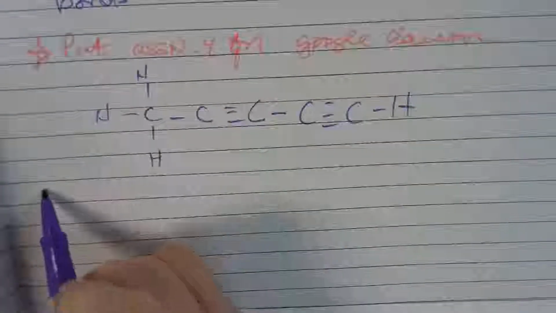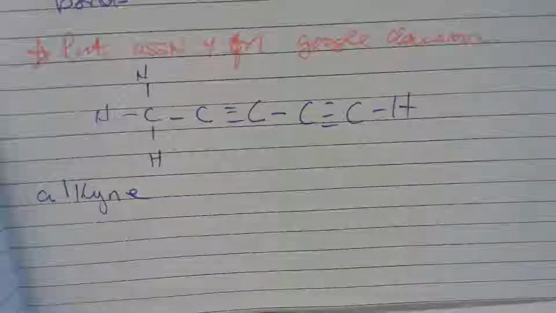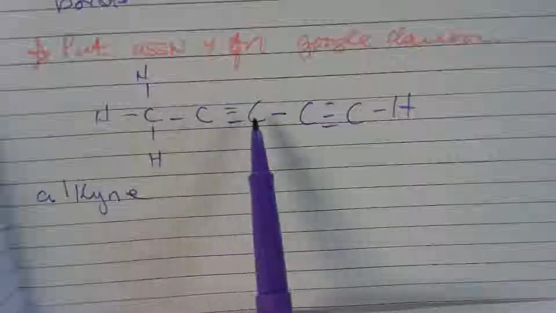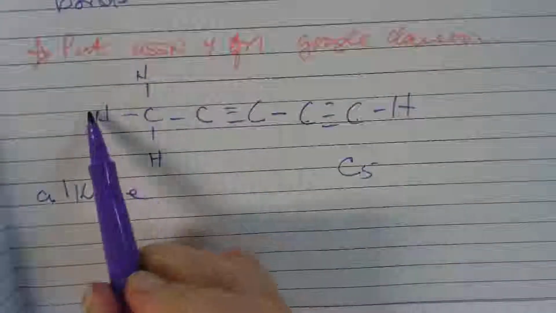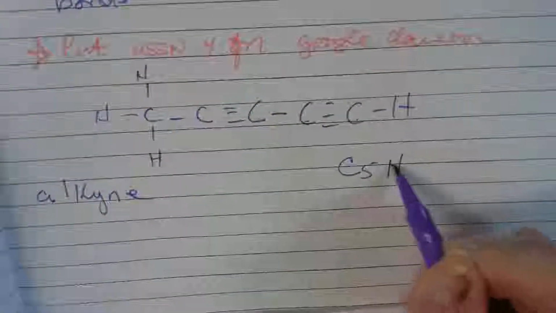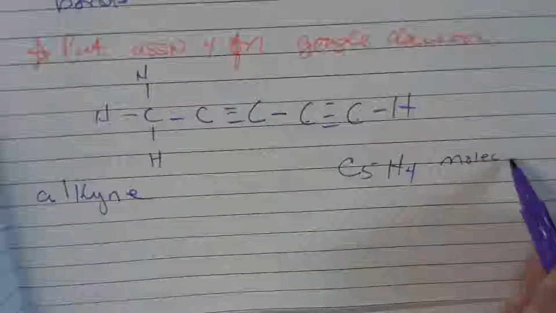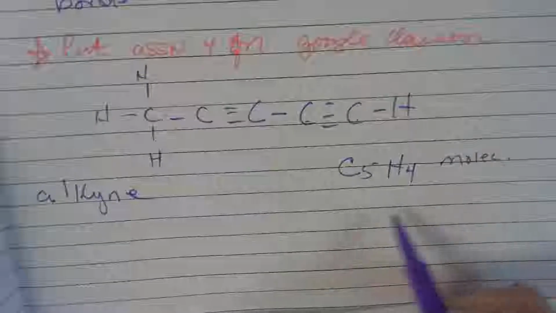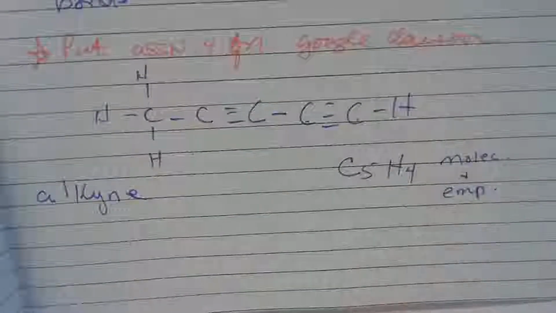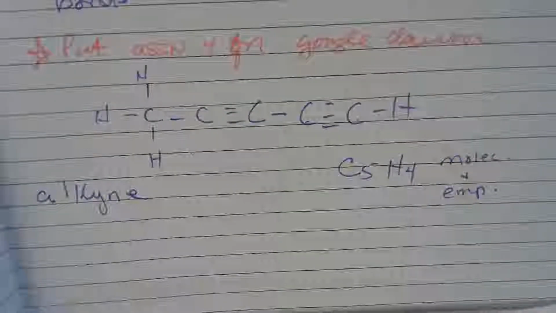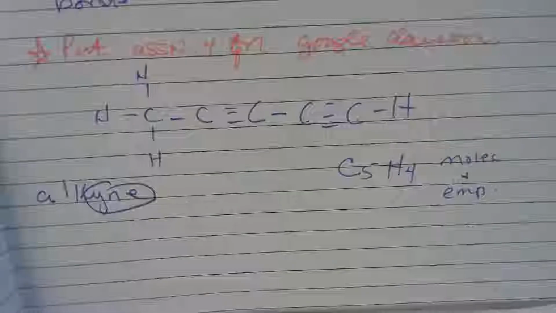It is an alkyne. The molecular formula: there were 5 carbons and 4 hydrogens, so that is your molecular formula. It cannot be reduced, so that would also be your empirical formula. And the ending would be -yne.